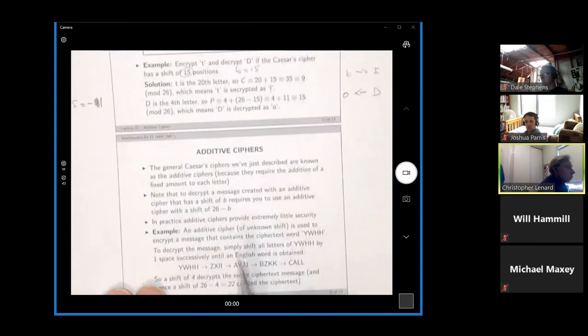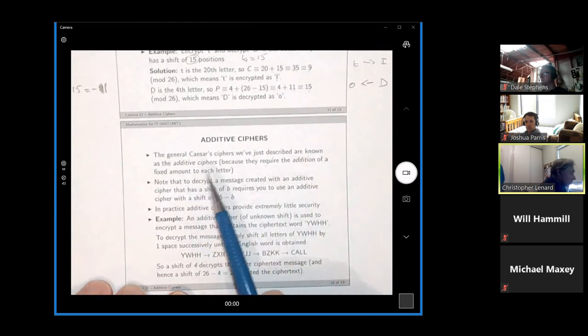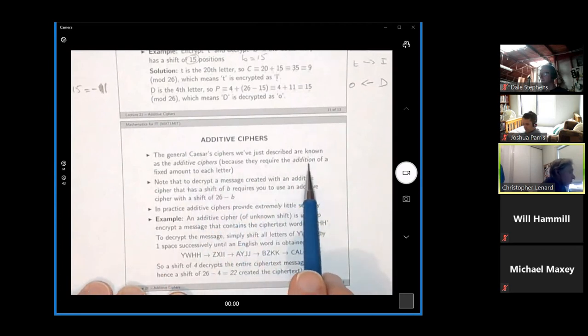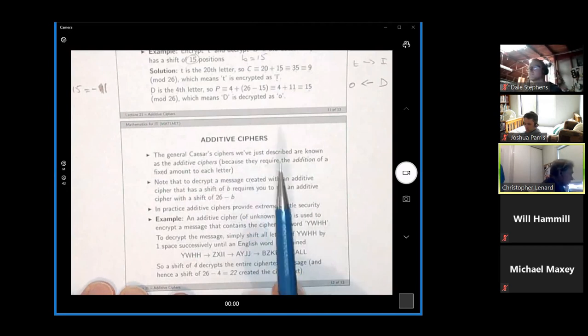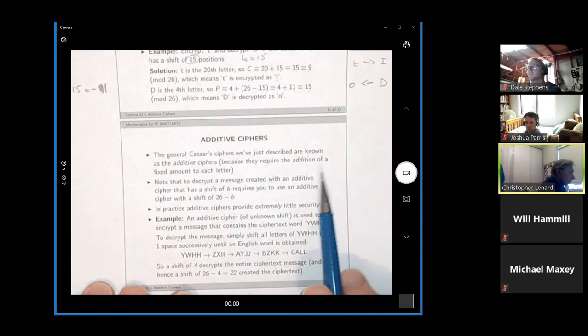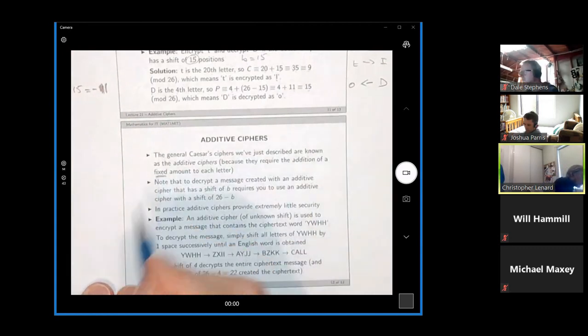Okay, so these are what are called additive ciphers, where you're simply adding a fixed amount to each letter value to do the encryption. And the important thing is that it's the same fixed amount each time.